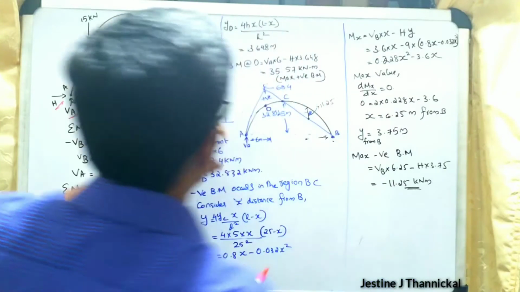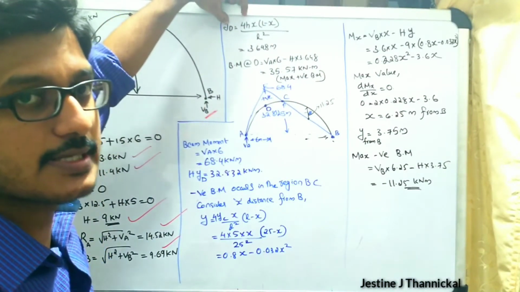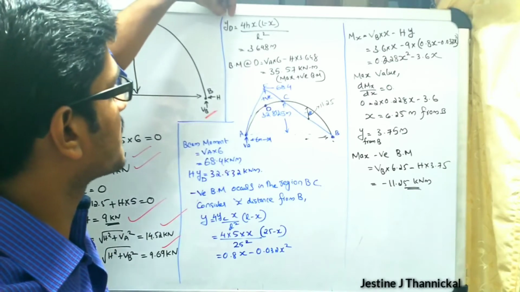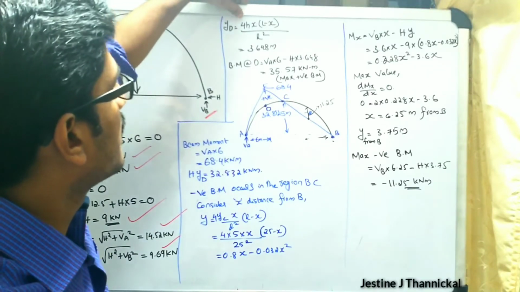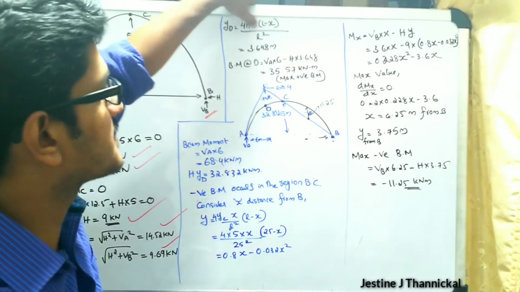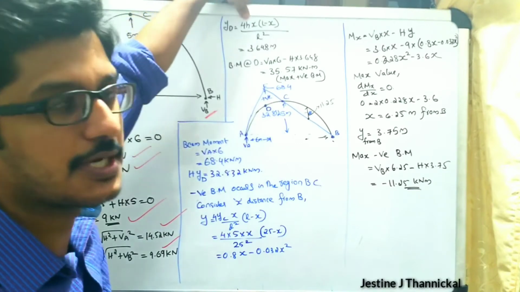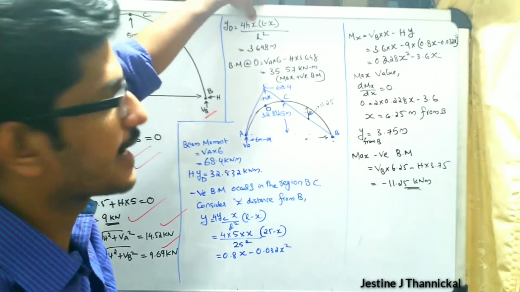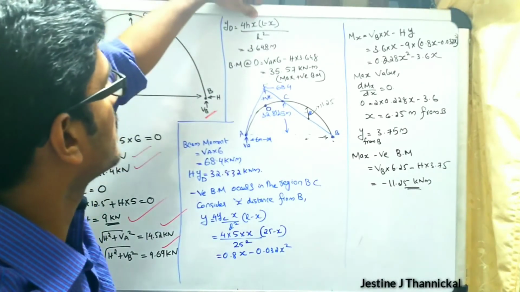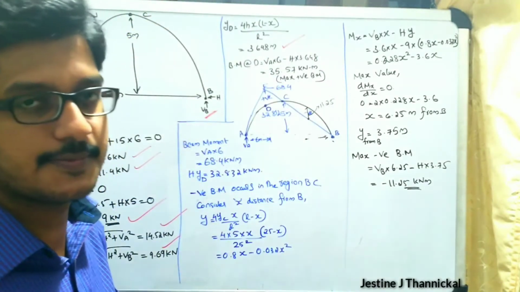Then coming to the YD value, YD means the vertical distance. The vertical value is given by the parabolic equation 4hx multiplied by (L minus x) divided by L square. If you substitute the corresponding values, that is h equals 5 meter, x equals 6 meter, and L equals 25, you will finally get 3.648.